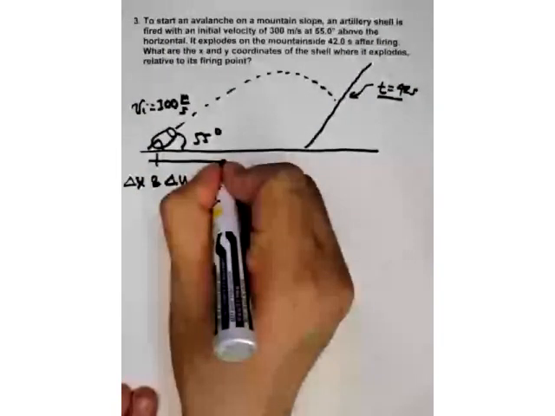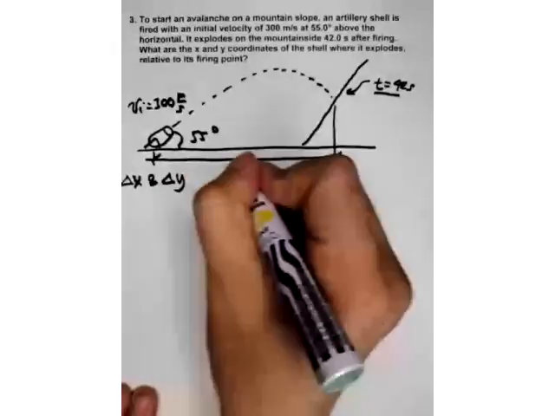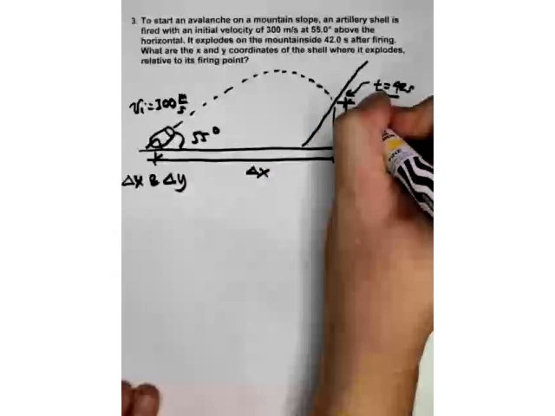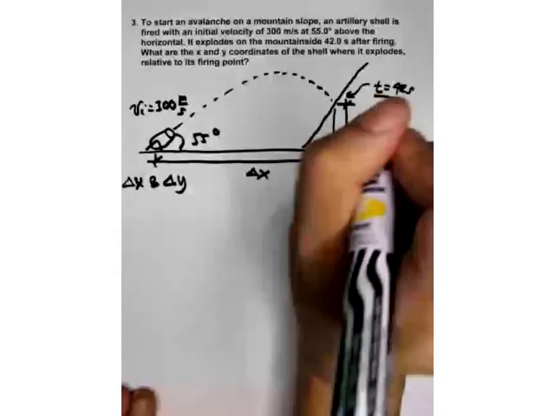So kung ito yung horizontal distance, so this is delta X and nandito naman yung delta Y. So what's delta X and delta Y? Ayan, medyo madali lang naman. Okay, dadagdagan ko na lang after yung sagutin.